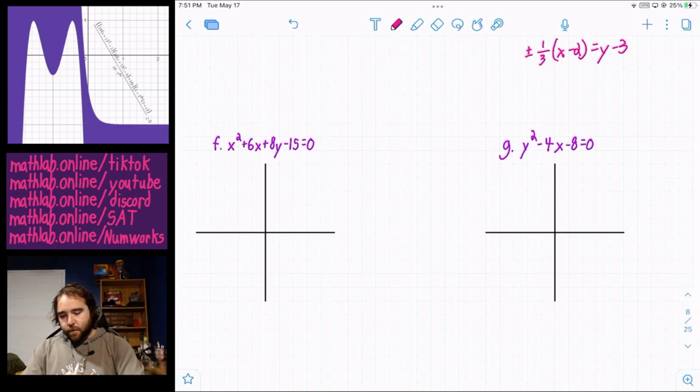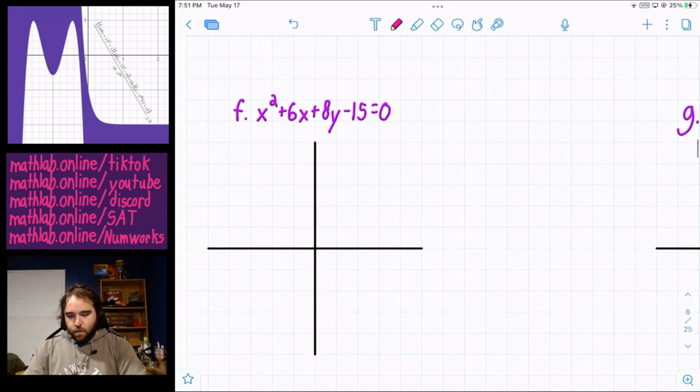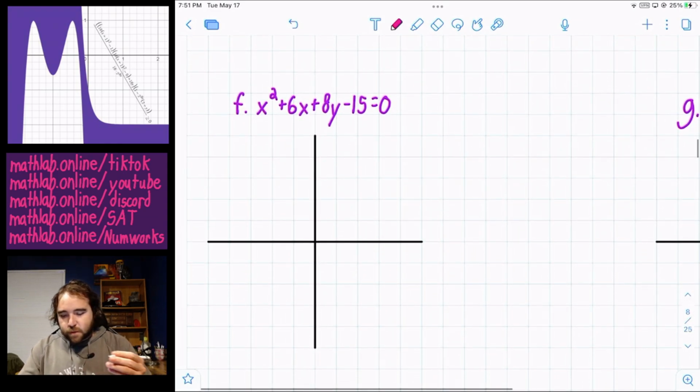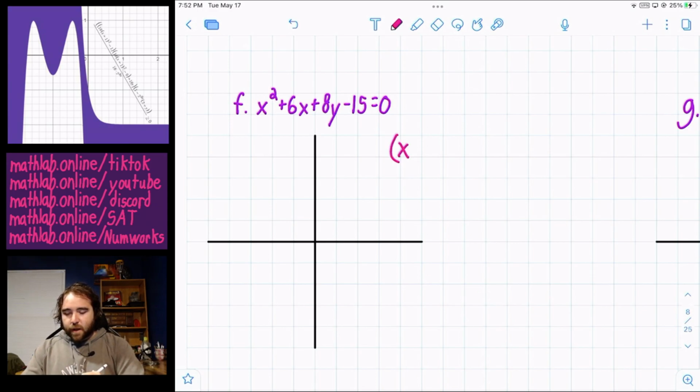So on to F. So we've got a parabola here, because only one variable is squared. So let's complete the square. We're going to have x, half of 6, 3 squared, minus 3 squared, plus 8y minus 15 equals 0. So we're going to move all the junk to the right side.